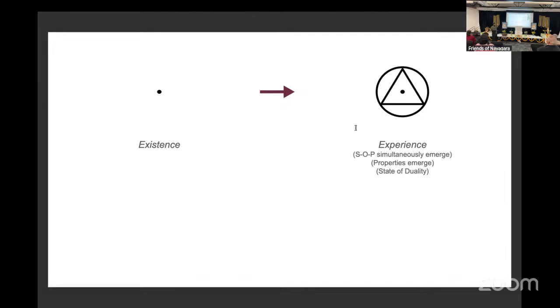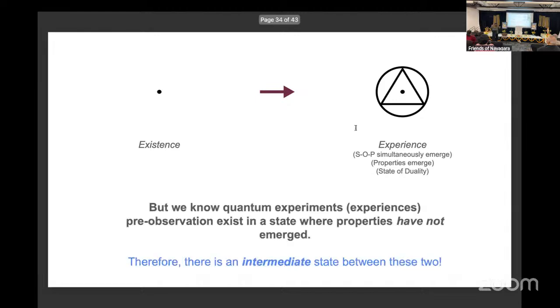Properties emerge. Right? And this is usually called a state of duality because now you have something else. It's not just nothing, it's you and something. So there are two things. So that's a state of duality. Okay, great. But we know that in quantum experiments or in experiences of that scale, pre-observation they exist in a state where properties have not emerged.